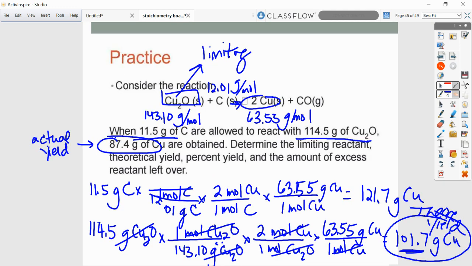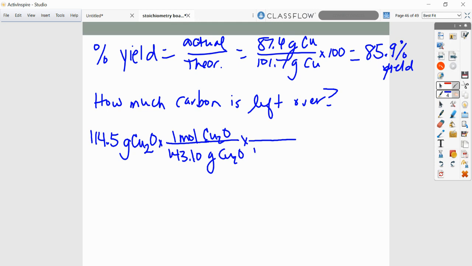If we look back at the equation, it's a 1-to-1 ratio. Then take that to grams.